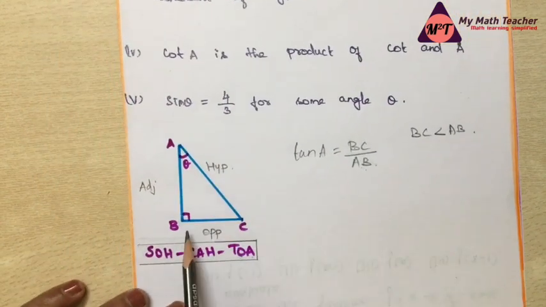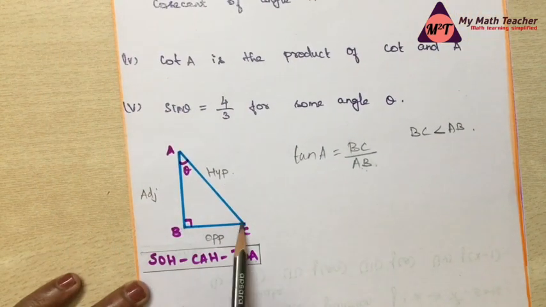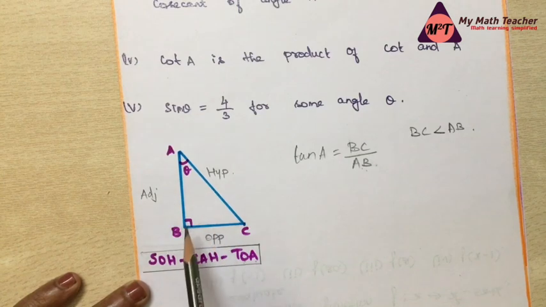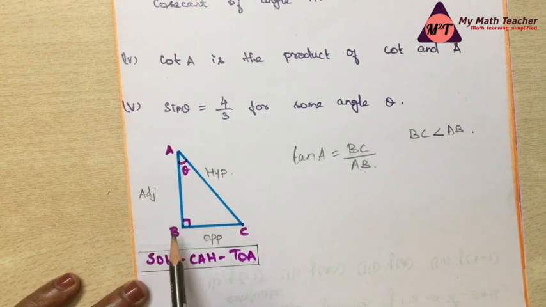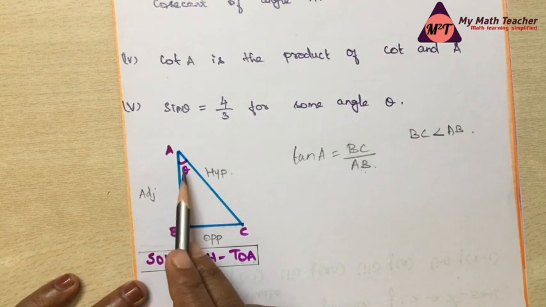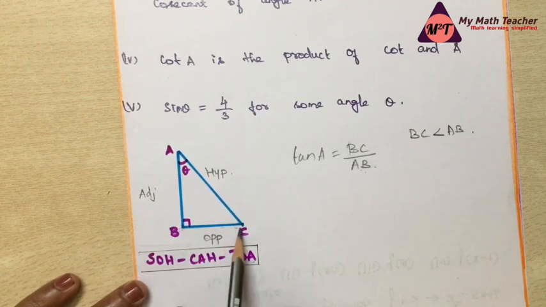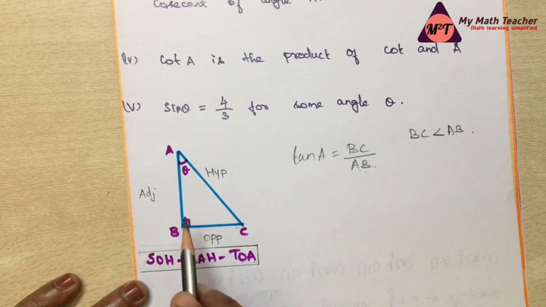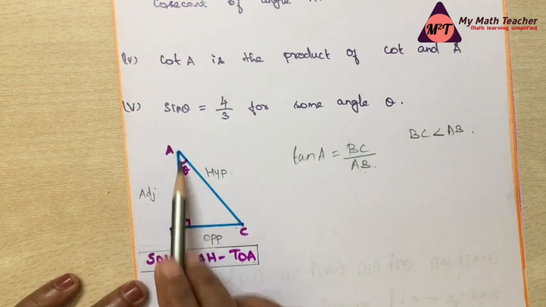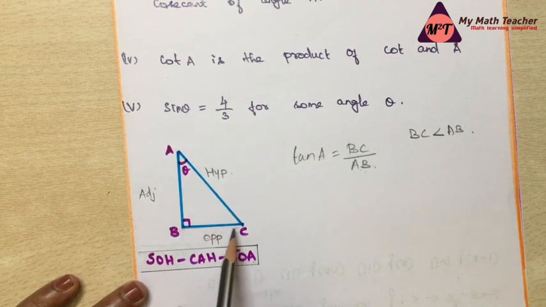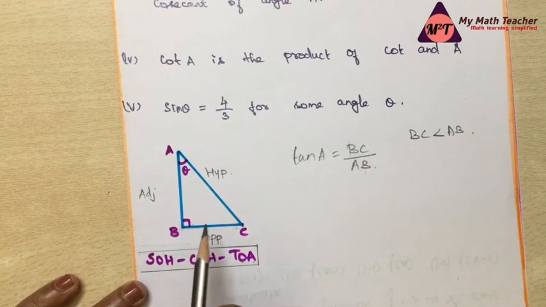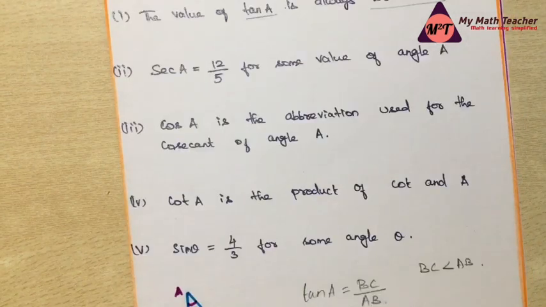It is not necessary that BC should always be smaller than AB. Nowhere is any condition given like that. So the opposite side can be greater or the adjacent side can be greater. The only thing is the hypotenuse is the only side which is longer than the other two. So this statement is definitely false.